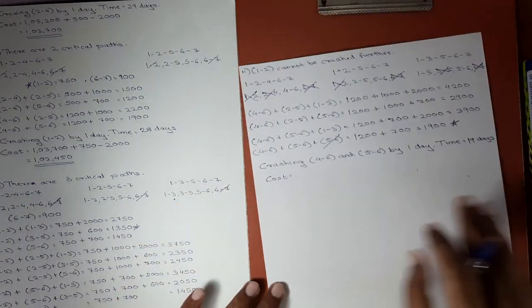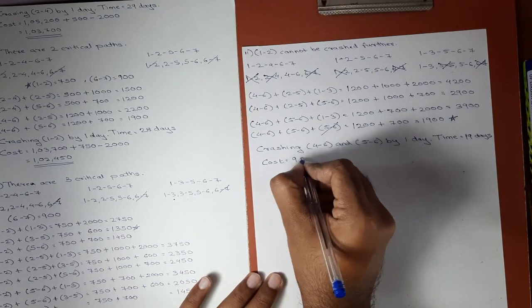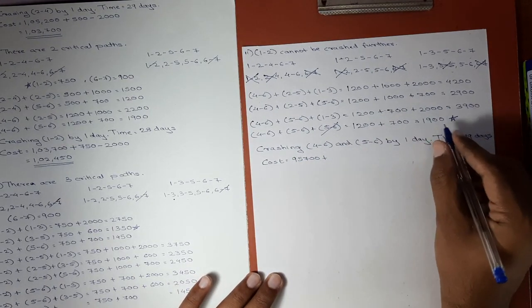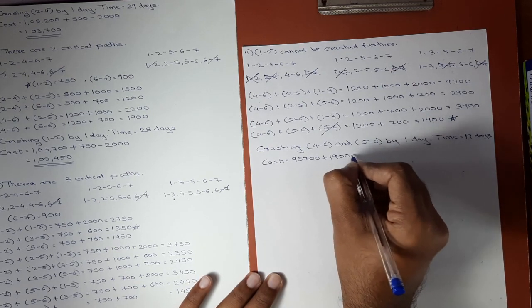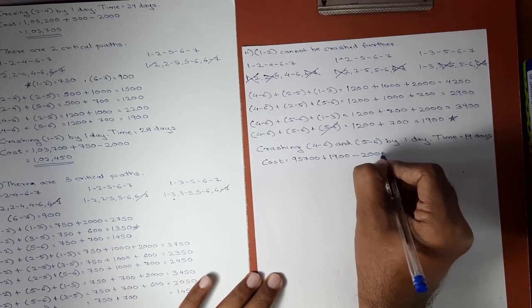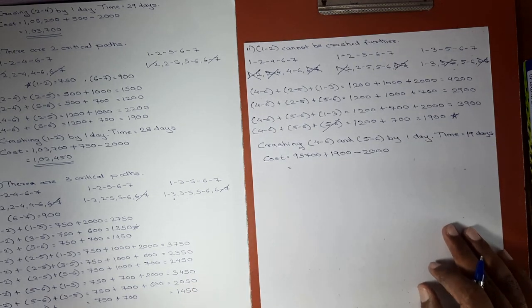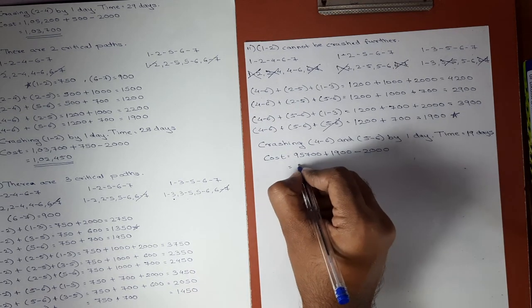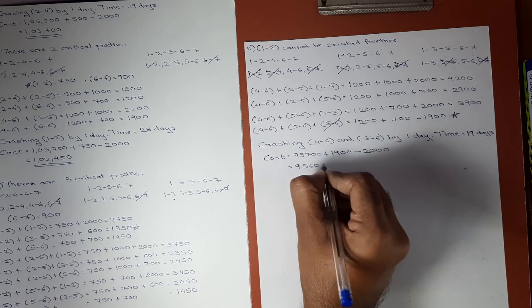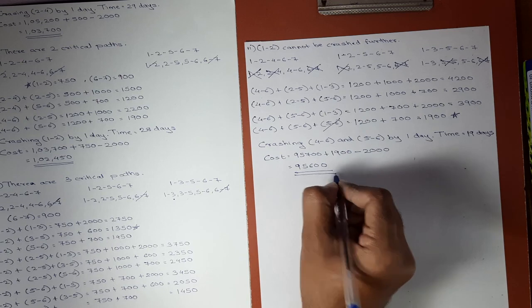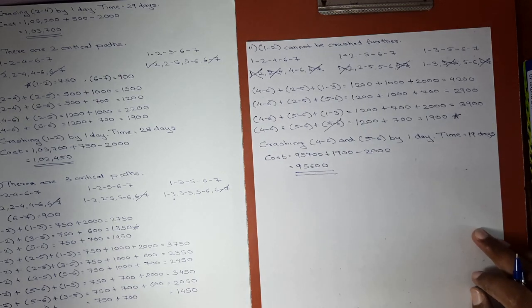So here the total cost will be 95,700 plus combined cost slope is 1900 minus 2000, which is indirect cost of 1 day. So 95,700 plus 1900 minus 2000, we get the cost as 95,600. Again the cost was reduced by 100 rupees.